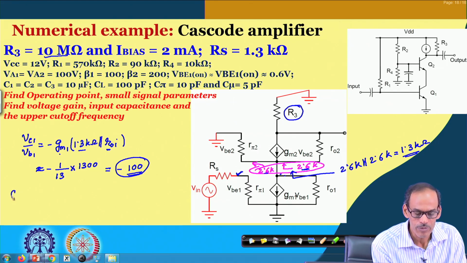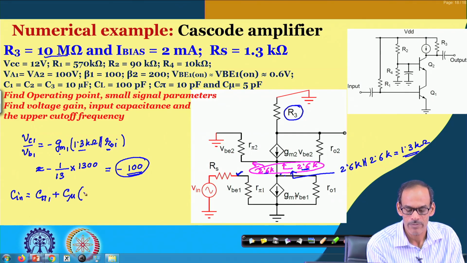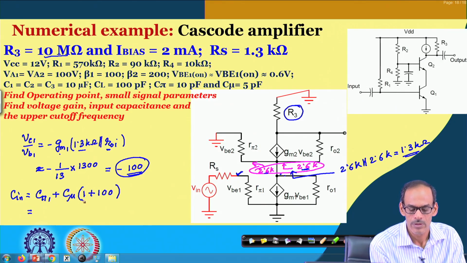So, the input capacitance is C pi of transistor 1 plus C mu multiplied by 1 plus this gain of 100. So, this is 5 and this is 10. So, we do have 505 here and then we do have 10, so 515 picofarad.